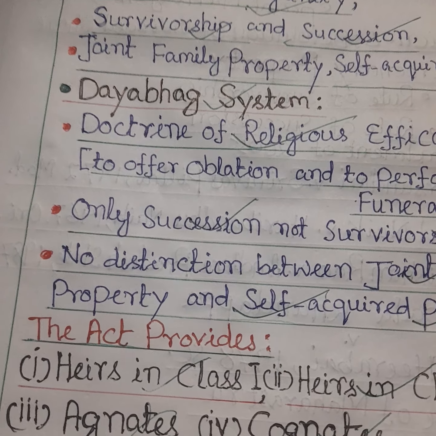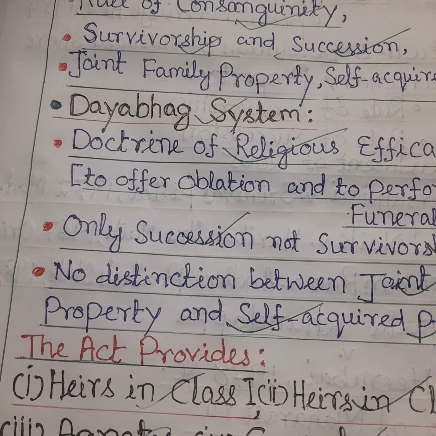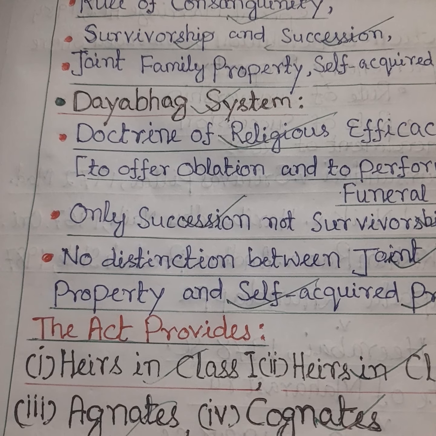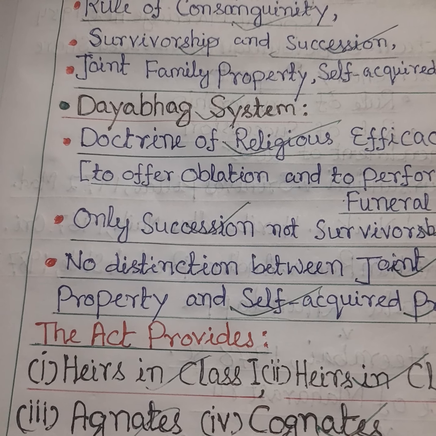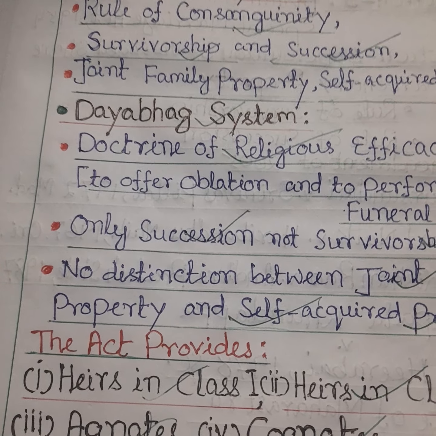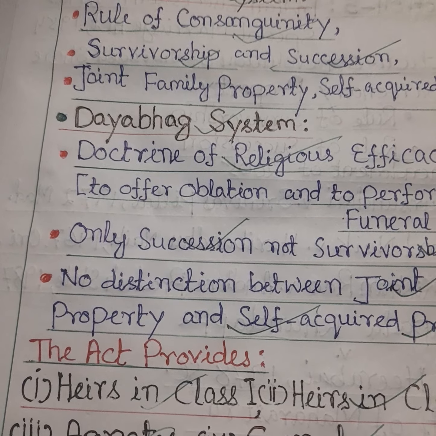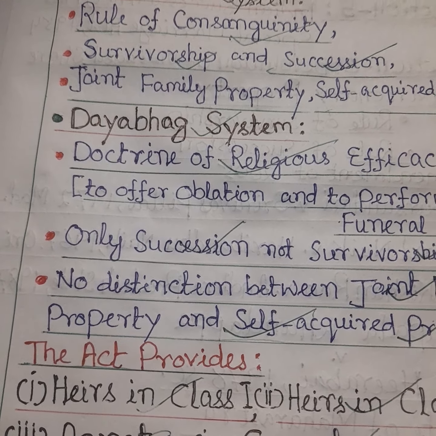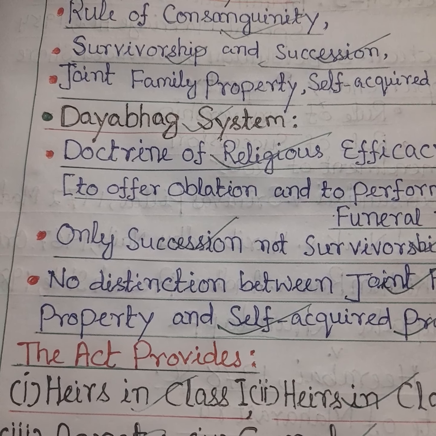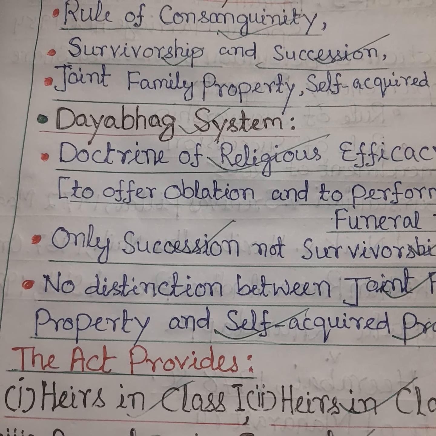The 12 heirs in class 1 inherit the property simultaneously and in equal share. But in class 2, agnates and cognates, the rule of preference is followed.